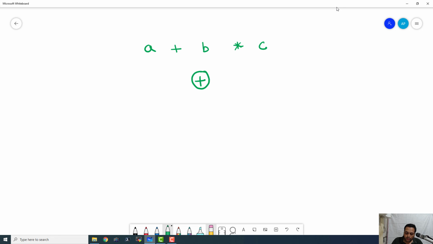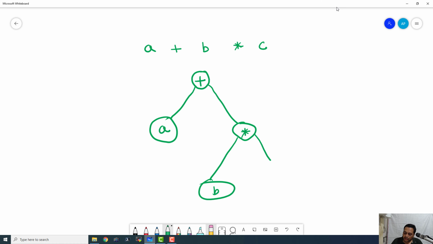This is the root node. Then I'm going to draw a child node which contains A, and then another child which contains the multiplication symbol, with B and C as its children. This is B and this is C. So this is an expression tree for this entire expression.